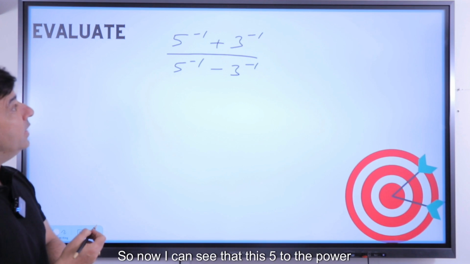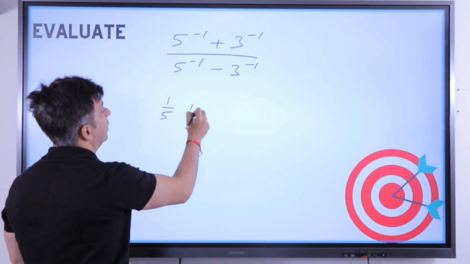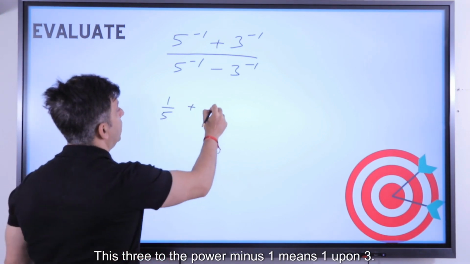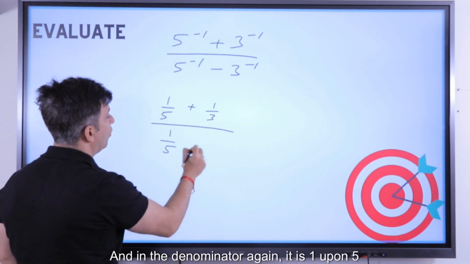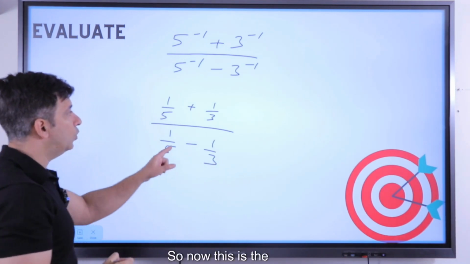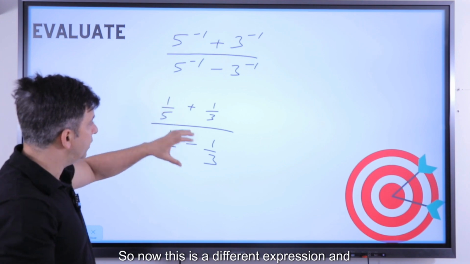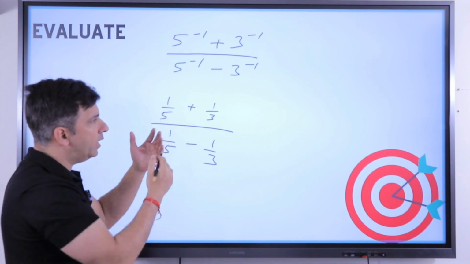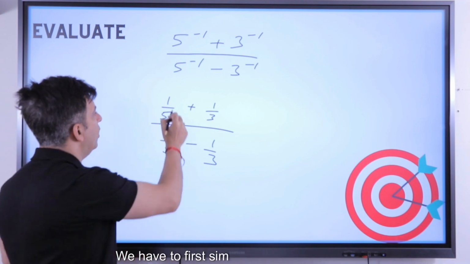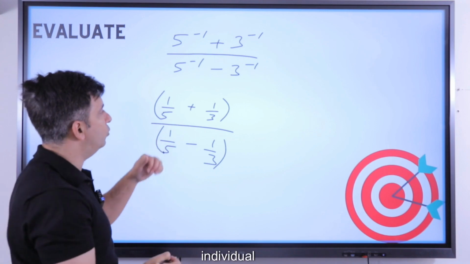So this is the term. So now I can see that this 5 to the power minus 1 actually means 1 upon 5. This 3 to the power minus 1 means 1 upon 3. And in the denominator, again it is 1 upon 5 minus 1 upon 3. So now this is a different expression and this is a different expression. So in a way, we can't divide these terms right now. We have to first simplify the expression in the numerator and the denominator individually.